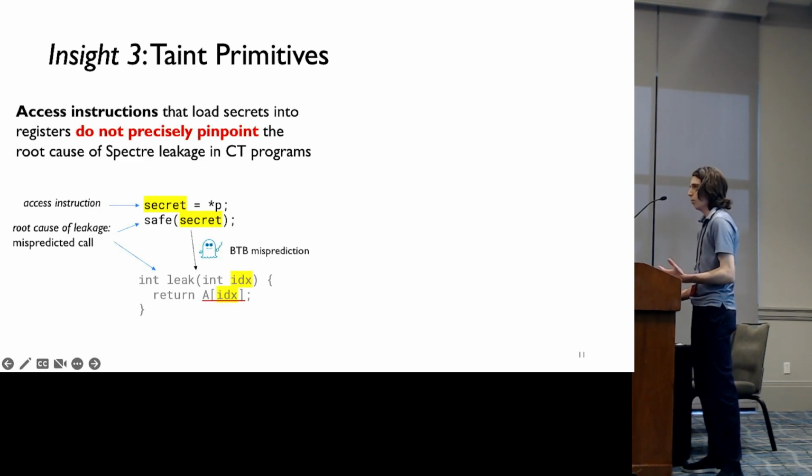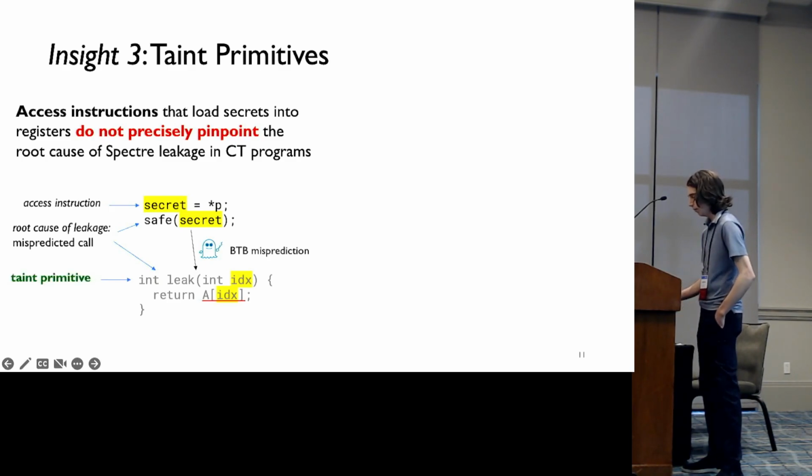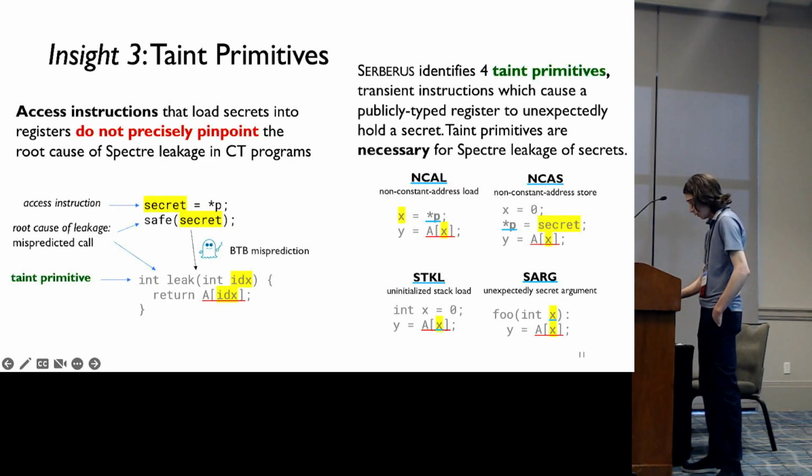But since constant time programs are allowed to access secrets, this abstraction doesn't really fit well with constant time programs. So instead, we define this new notion of a taint primitive, which basically describes when some instruction introduces a secret value into a publicly typed register.